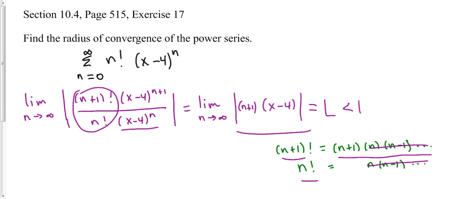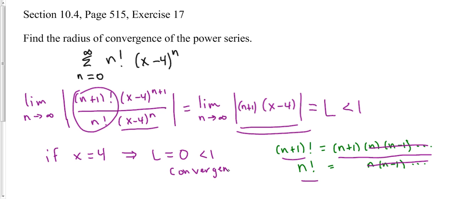And the only way that this is not going to go to infinity is if x is equal to 4. And if x is equal to 4, then the limit and L is going to be equal to 0, which is going to be less than 1, which means we will have convergence.